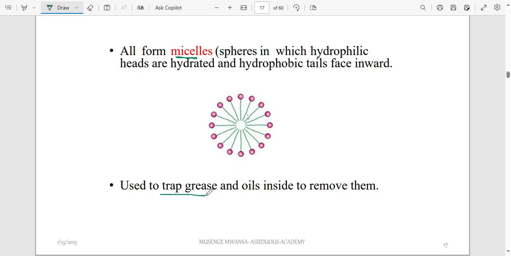This is used to trap grease and oils inside to remove them. So oily things will interact with the lipid component, so that they can be removed when you are washing.